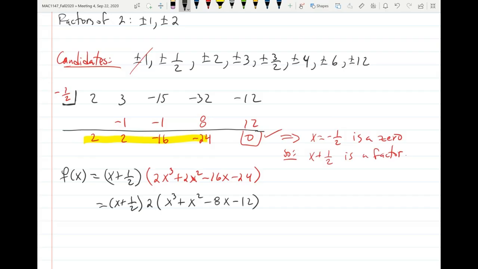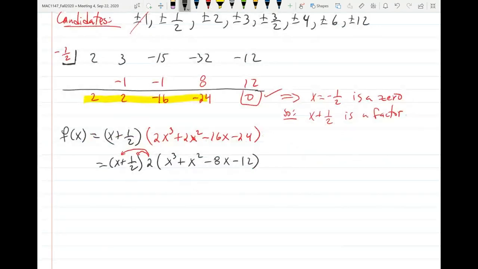And notice that I'm going to take that 2 that I factored out and distribute it into my first factor, so that instead of x plus 1/2, we have a nice 2x plus 1. Again, this is just a cosmetic preference. So 2x plus 1, and then what we have left here is x cubed plus x squared minus 8x minus 12. Okay, so here we have our f.